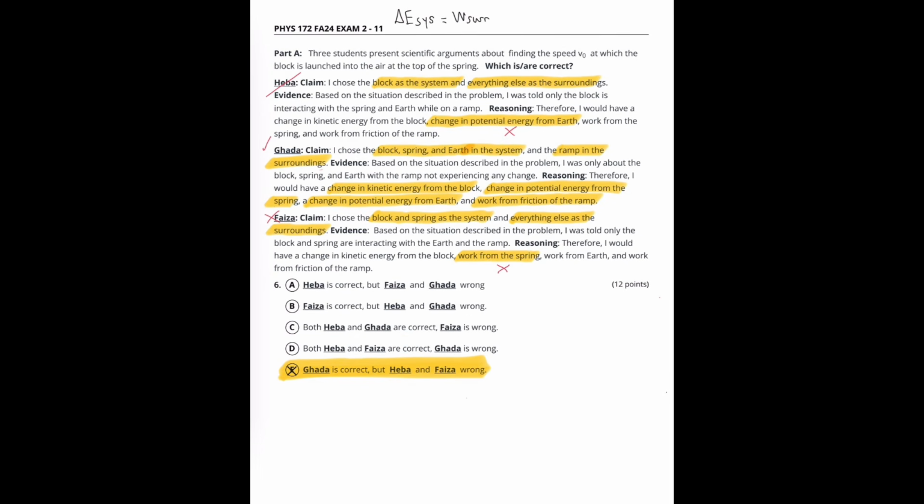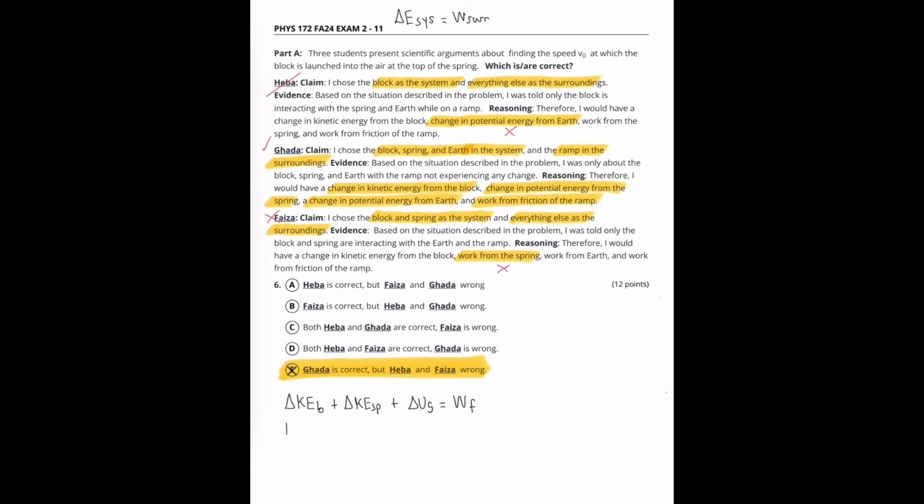So based on Gada's statement, we can say the change in kinetic energy of the block plus change in kinetic energy of the spring plus change in potential energy of gravity is equal to the work done by friction.